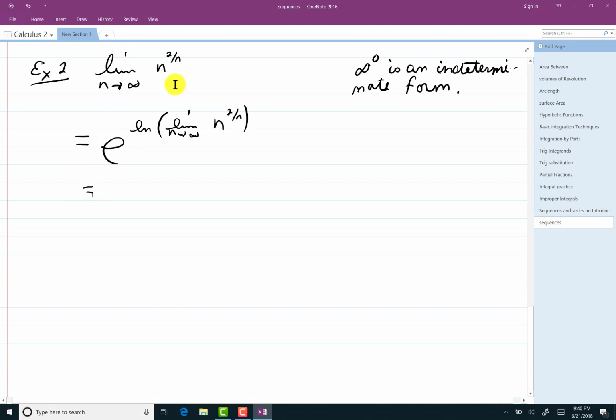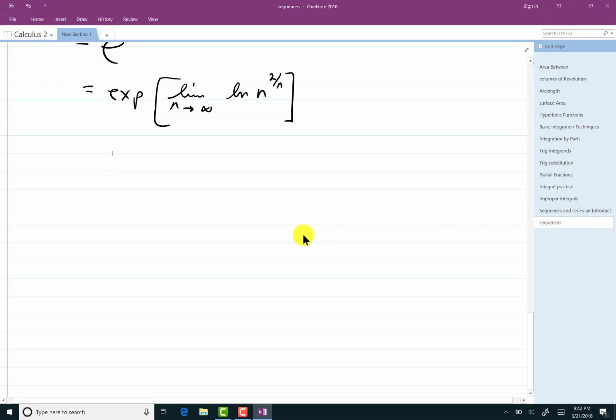Typically, instead of writing e to something, we write exp, and I'll know that whatever is left inside will be my exponent. So I have the limit as n goes to infinity of ln of n to the 2 over n. All right, so as usual, we're going to take down that exponent.